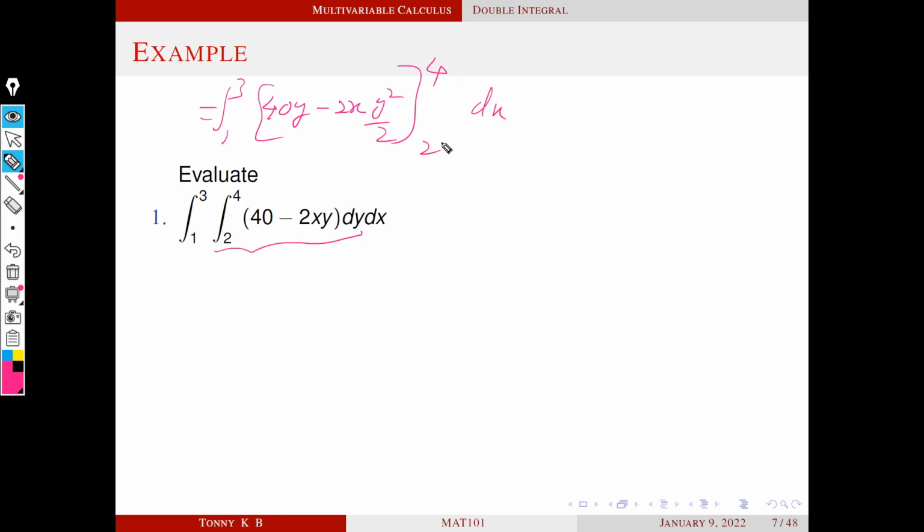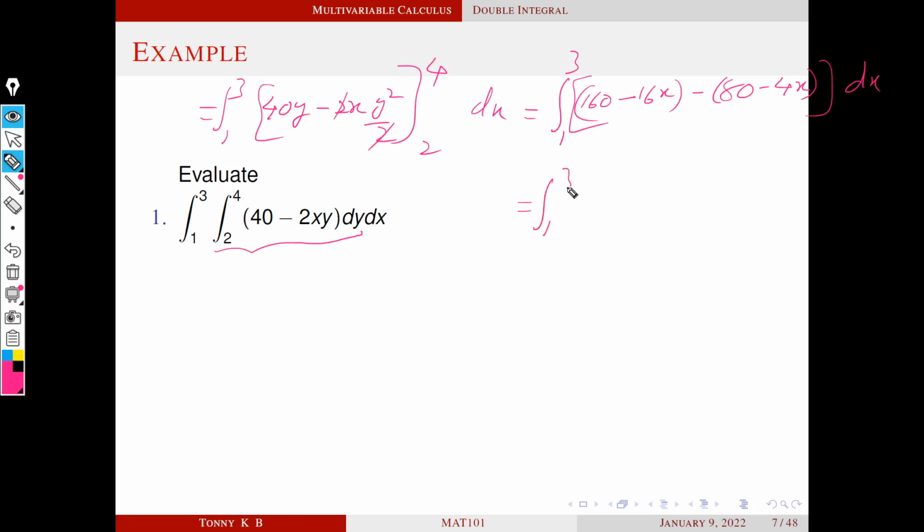Then what happened? Okay, you can cancel these two and substitute 4 for y. So this becomes 160 minus 16x minus the lower limit is 2 and y equal to 2, this is 80, and 80 minus this becomes 4x. Okay, then we can simplify this expression.